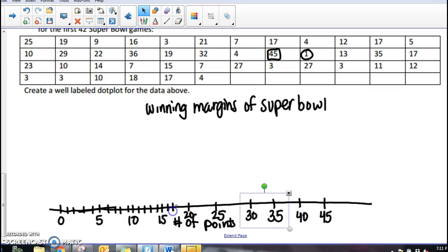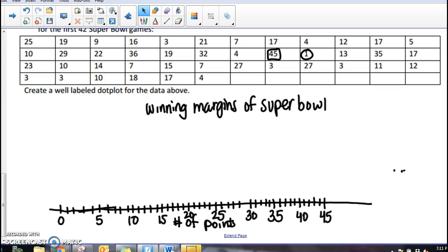So we don't have to put every single number on the axis. I'm sorry, better graph paper is always good for building these kinds of things.